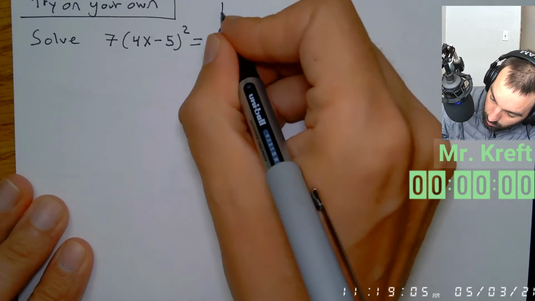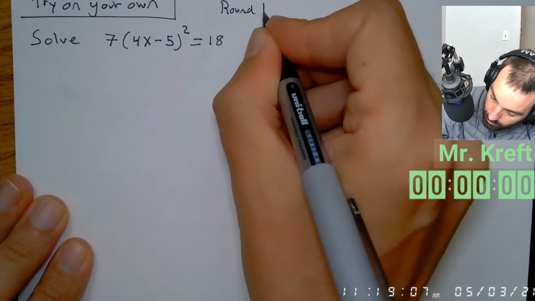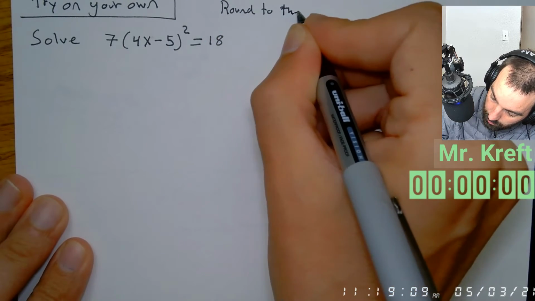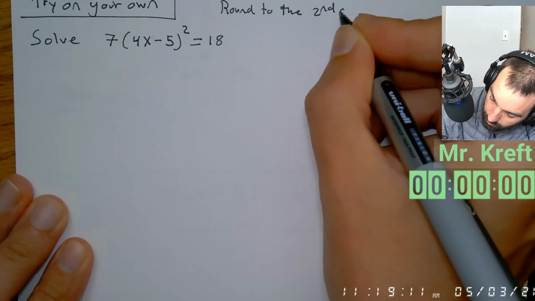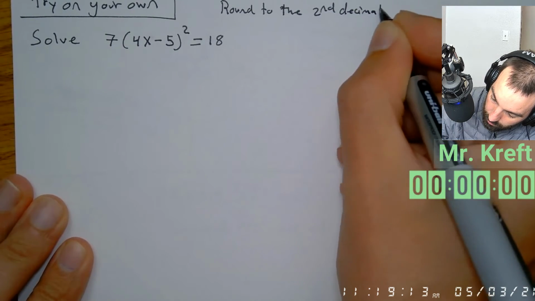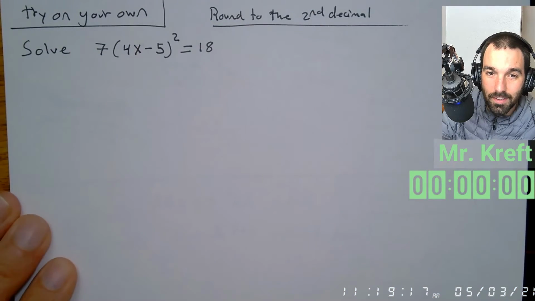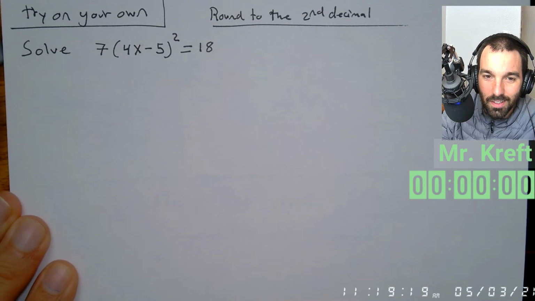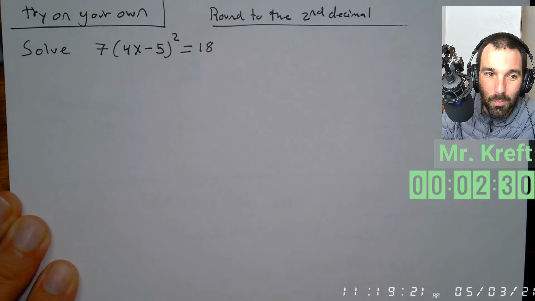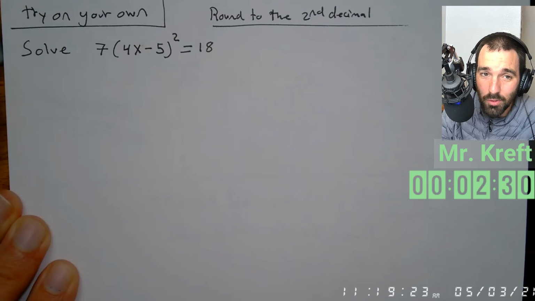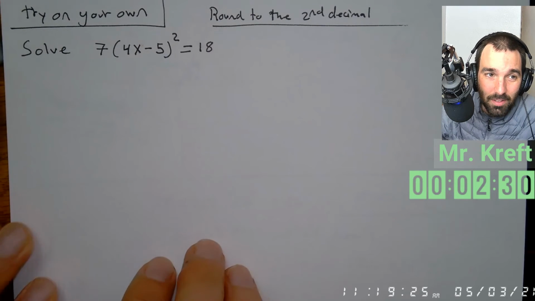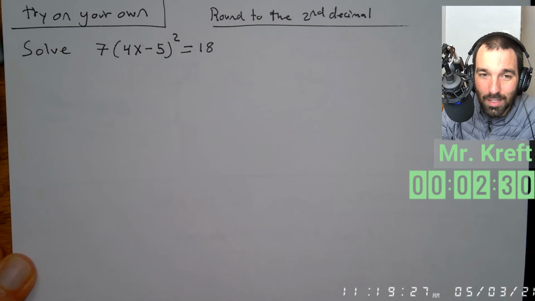Okay, and we're going to round to the second decimal. Okay, so again, I know you guys can do this. If you can do the warm-up, it's the same thing. It's just instead of whole numbers, we have an ugly number. Okay, so give it a try, see what you get, and then we'll talk. So here we go.